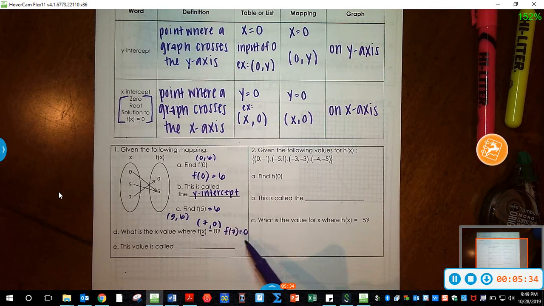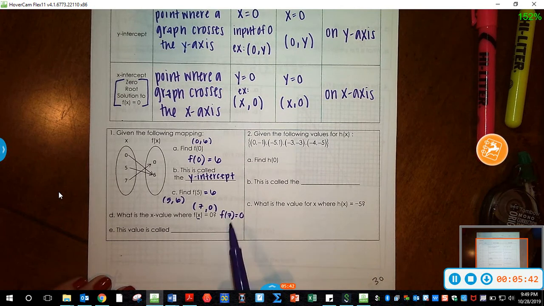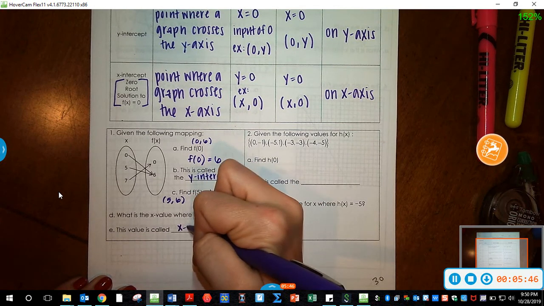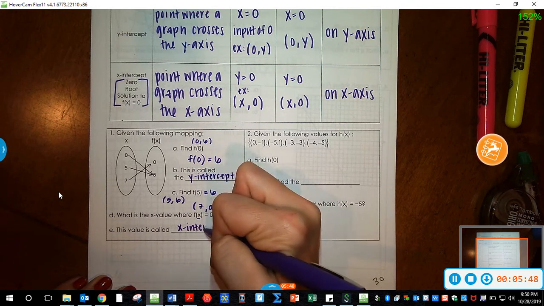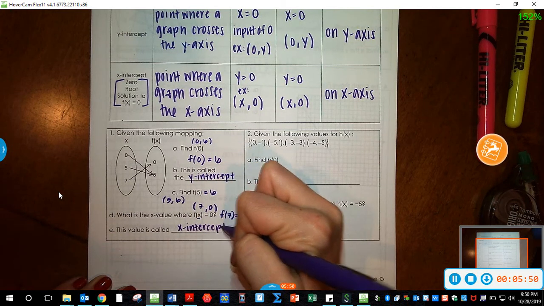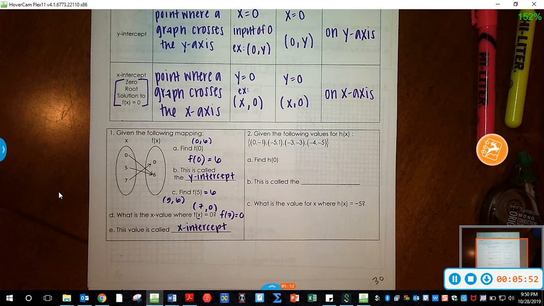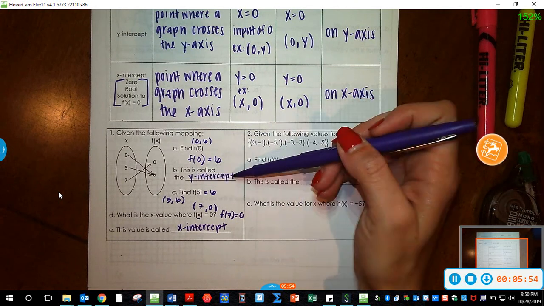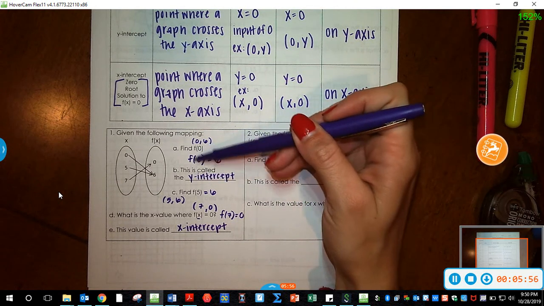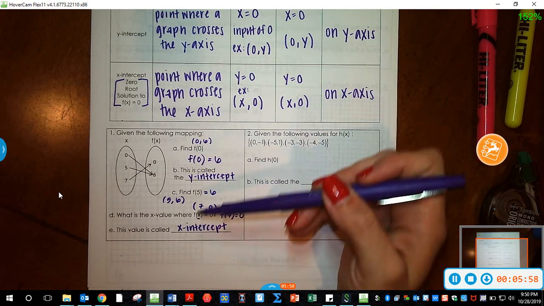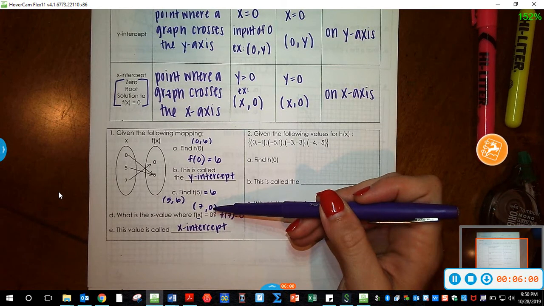When my output is 0, my input is 7. Because my y is 0, this is my x-intercept. So again, just to recall, for the y-intercept, the x is 0. For the x-intercept, the y is 0.